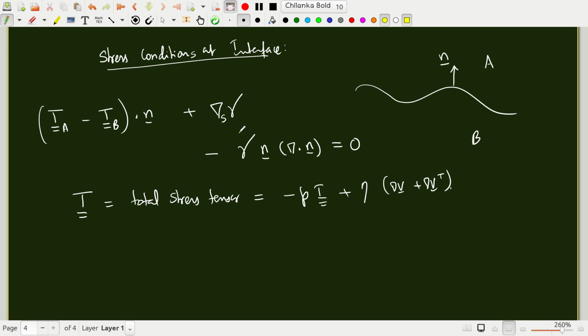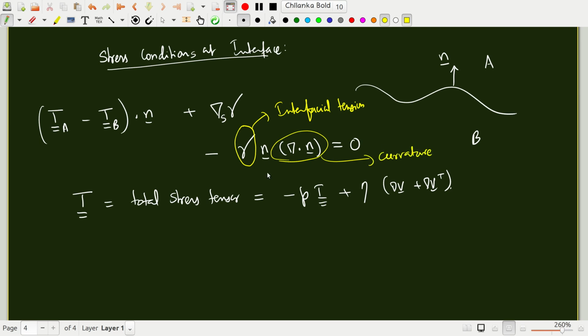Now gamma is called the interfacial tension, also known as surface tension sometimes. Now this gamma del dot n, I'll show you shortly, is called the curvature of the interface.